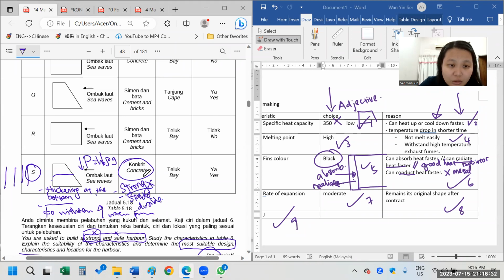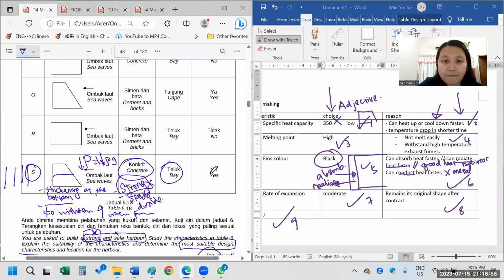Durable, yeah, don't use back the word. The reason is we don't want the students to copy paste the question. They want your other word, your idea. Can withstand the impact from the waves? Yes, withstand the impulsive force from the wave? Yes, can.